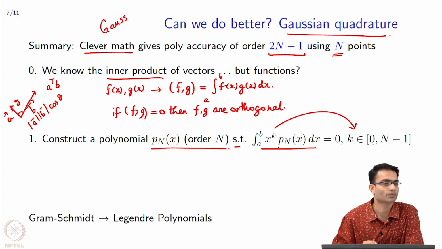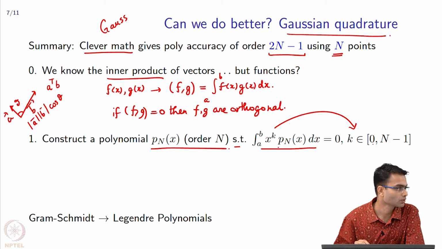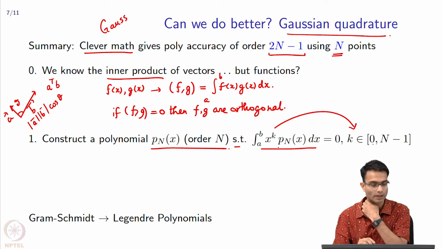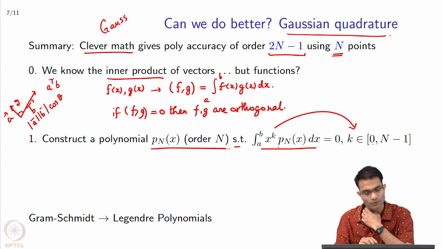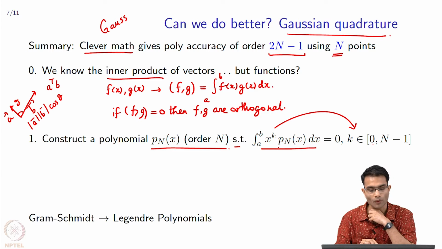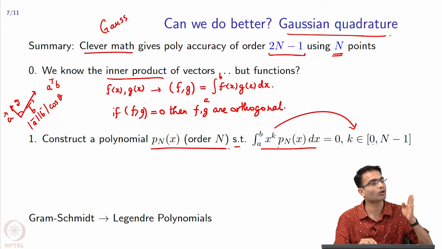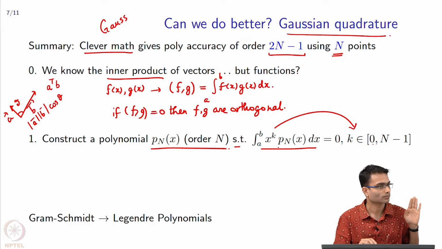If you take k equal to 0, that means the average of Pn is 0, then I take x square all the way up to x to the n minus 1. So you construct a polynomial of order n such that it is orthogonal to all lower orders of polynomials. How would you do this?